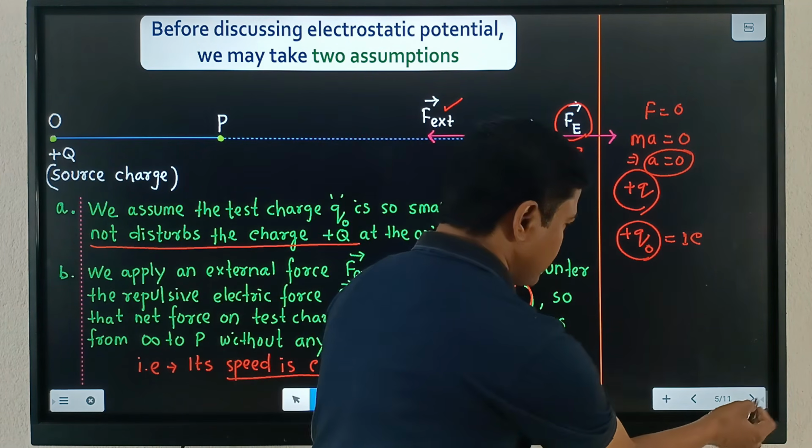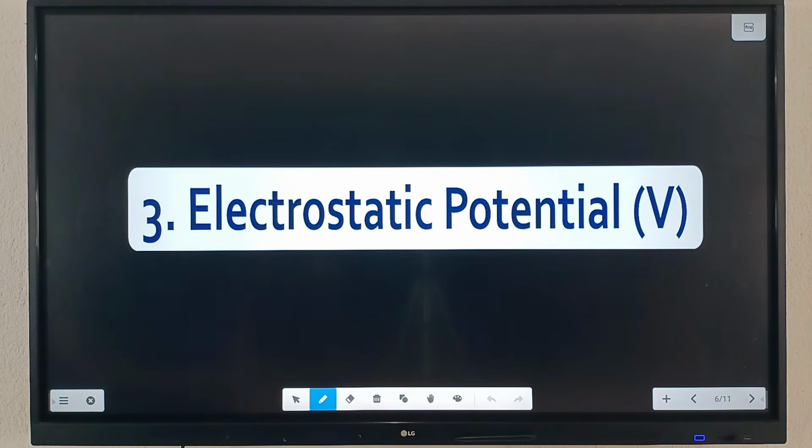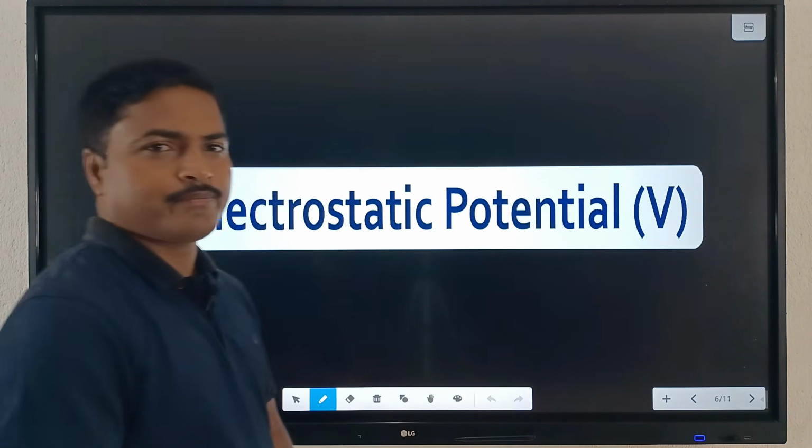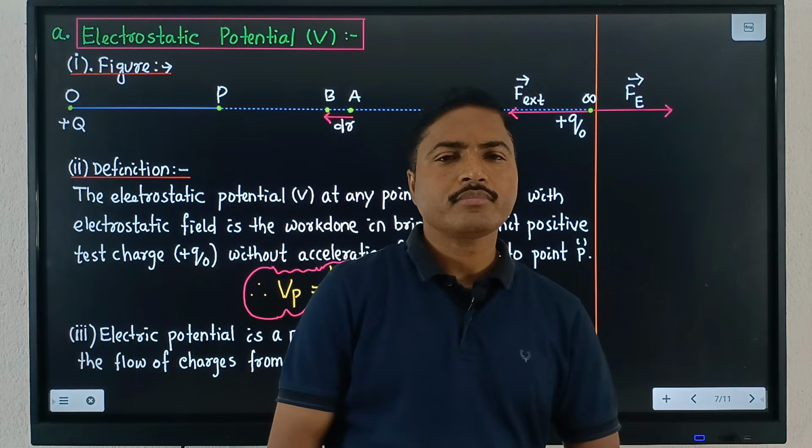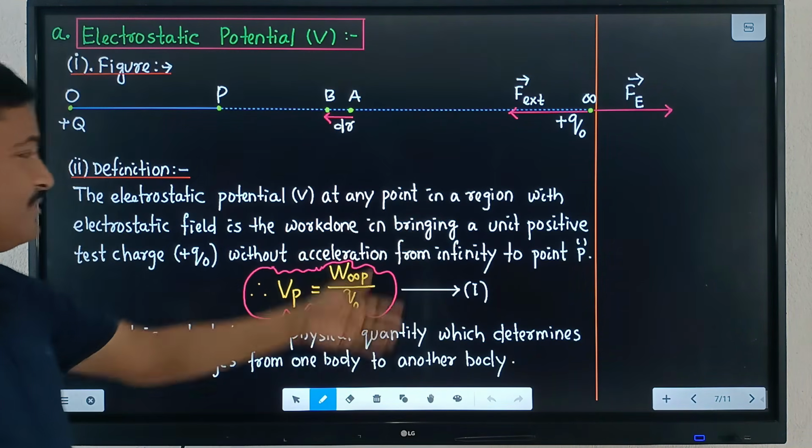Now the next point of this chapter is the electrostatic potential. What is electrostatic potential? Same thing.